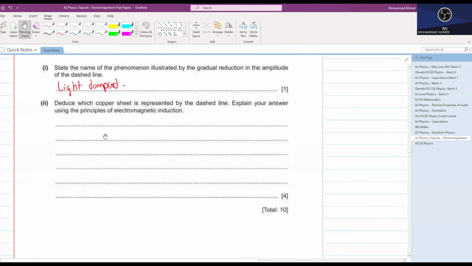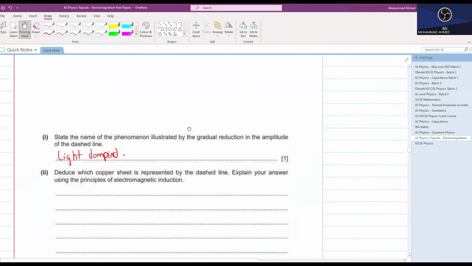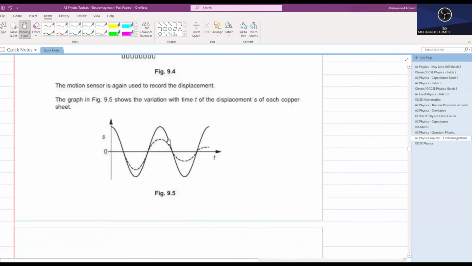Now, deduce which copper sheet is represented by the dashed lines. Explain your answer using the principles of electromagnetic induction. Which of these sheets is represented by the dashed line? We have to explain using electromagnetic induction's laws.